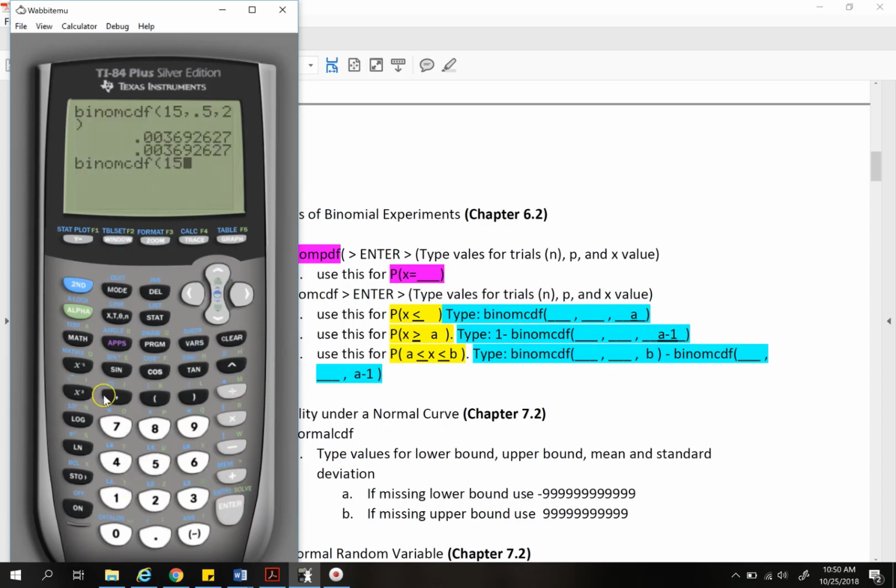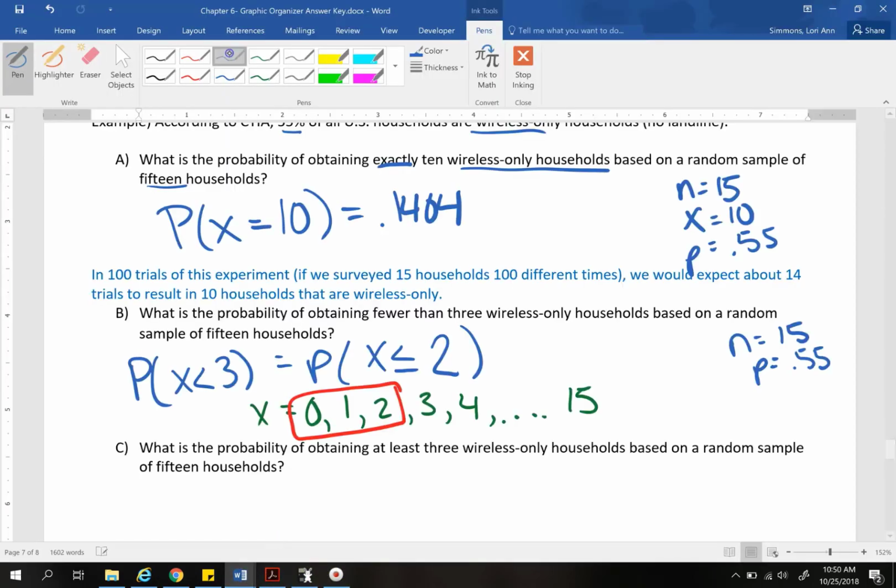So 15. So we should get 0.0011. Again, we use 2 because on your calculator sheet, it's using the number behind the less than or equal to symbol.